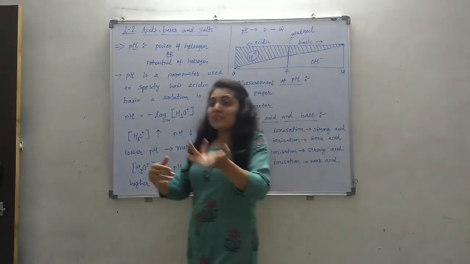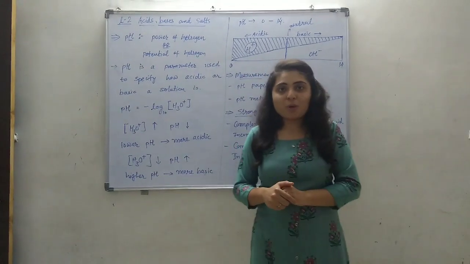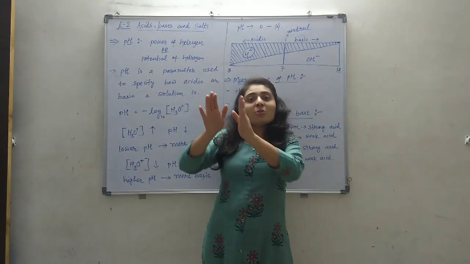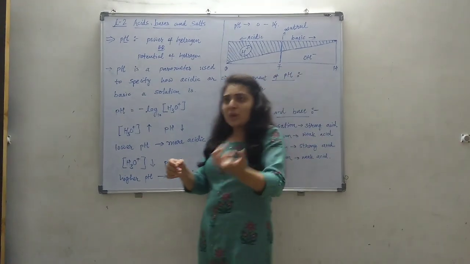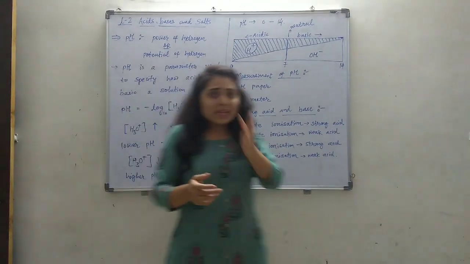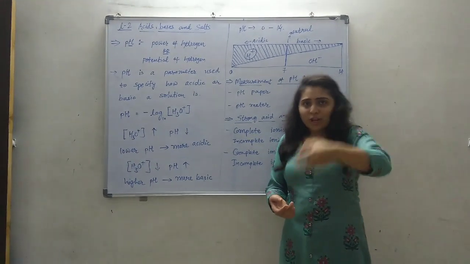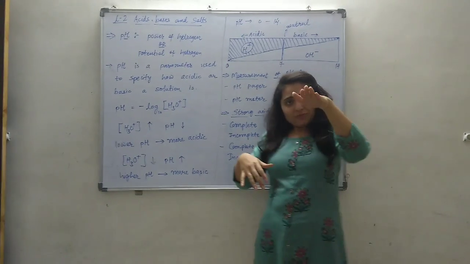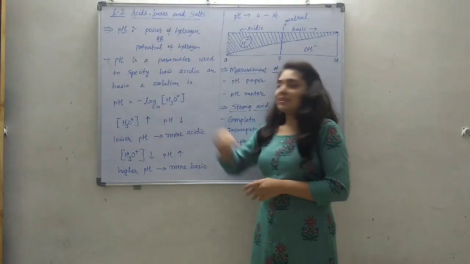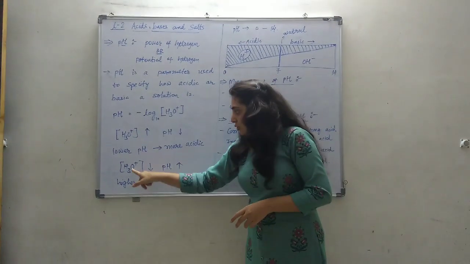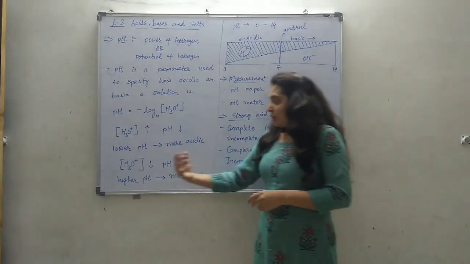Otherwise, if the base does not have OH minus ion, like ammonia, you remember the problem of ammonia, it ultimately decreases the H plus ion because it accepts the proton. So H plus is accepted. If H plus decreases, the pH value increases by the calculation because it is an inverse relation.